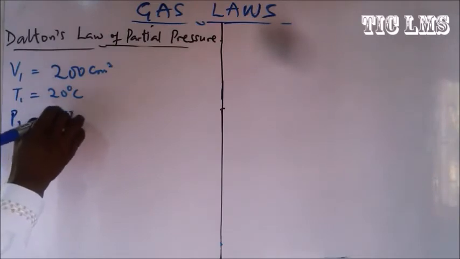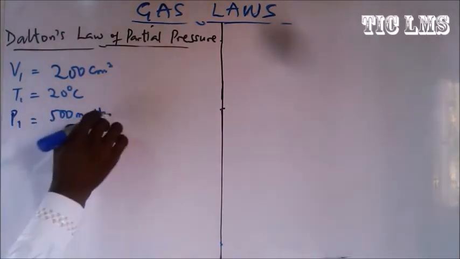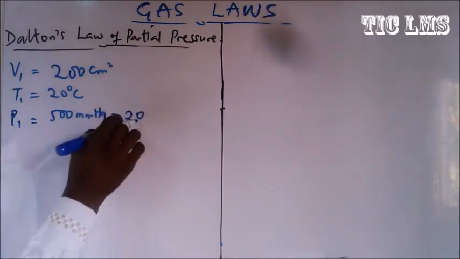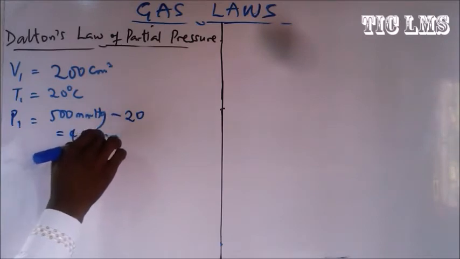Now we have 500 millimeter mercury as the pressure when it was collected over water, meaning that it is not just the pressure of the gas. It means that this pressure is that of the gas plus partial pressure of vapor. And so we are given that the pressure of vapor here is 20. To get the real pressure of the gas, we'll subtract 20 from 500 and that would give 480 millimeter mercury.